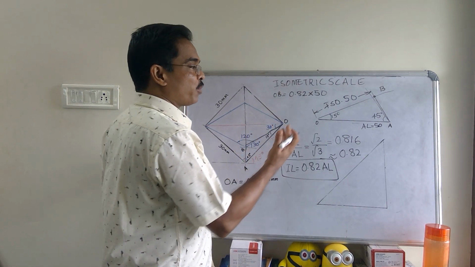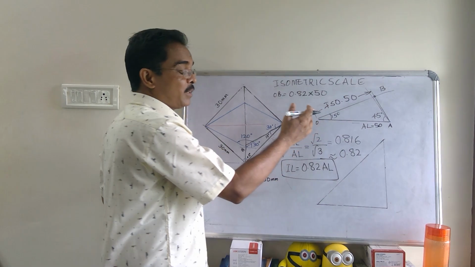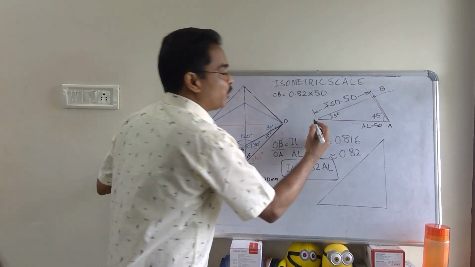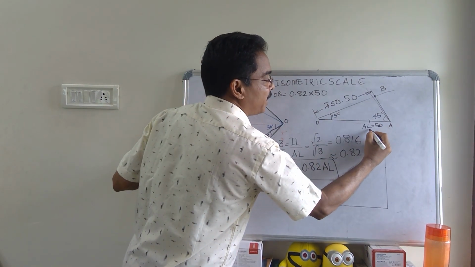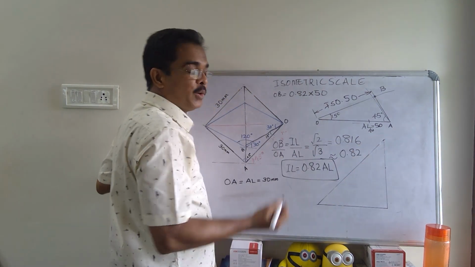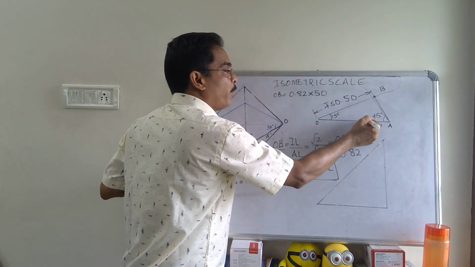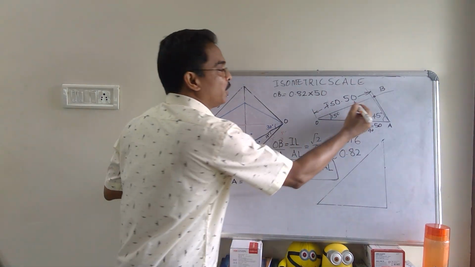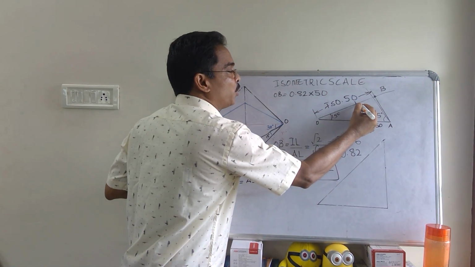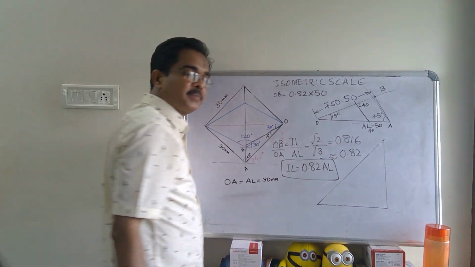Suppose I want to find out the isometric length of a 40 mm line, so mark here 40. How will you find out the actual isometric length? Draw a line parallel to this. So this will be ISO 40.